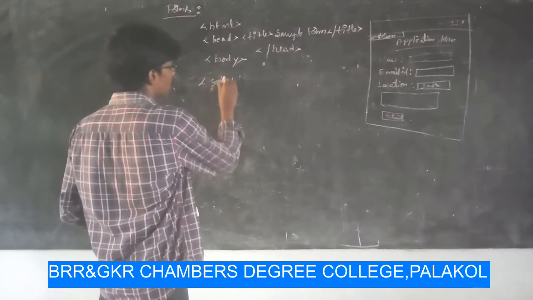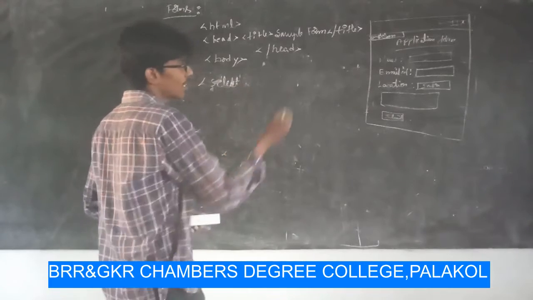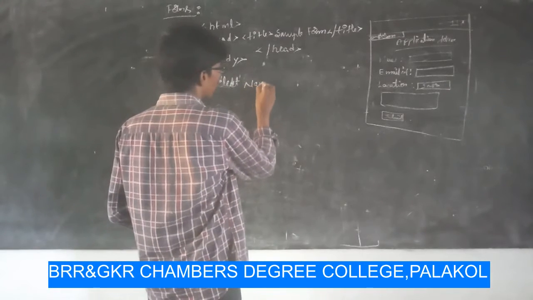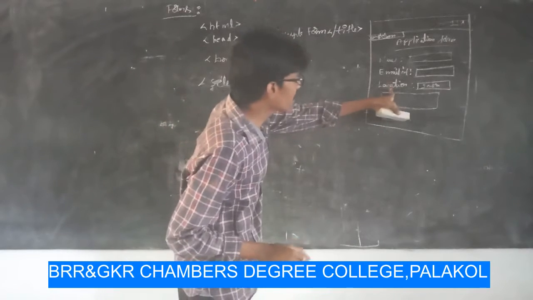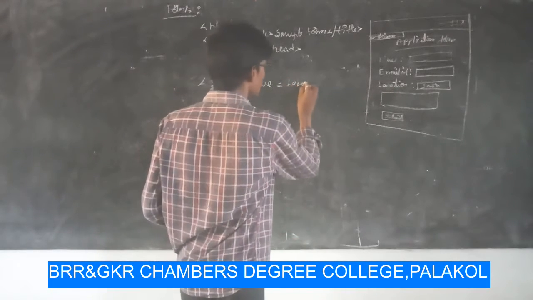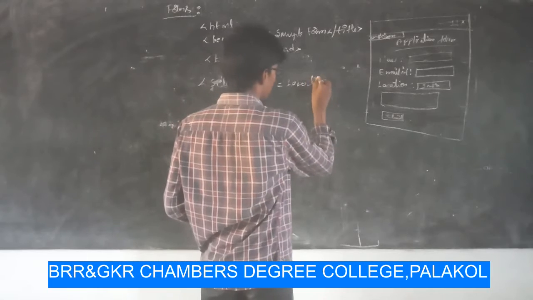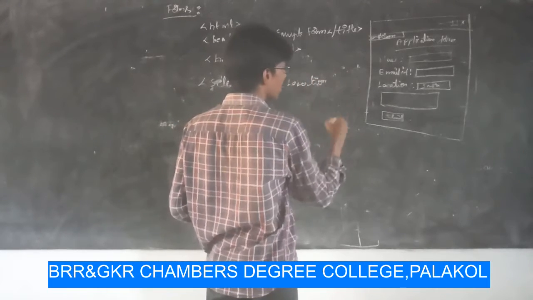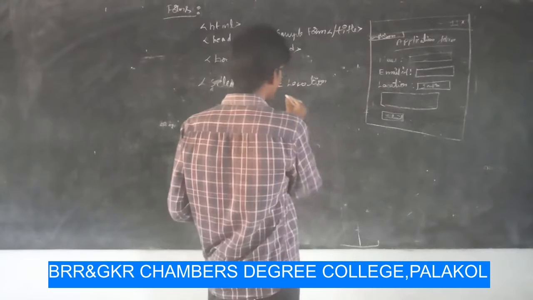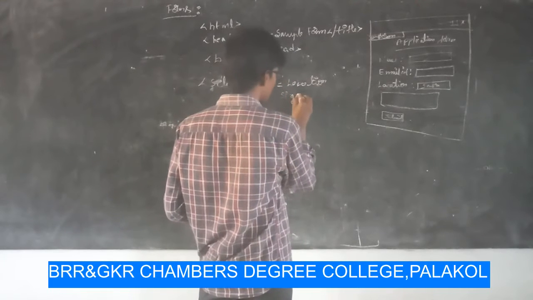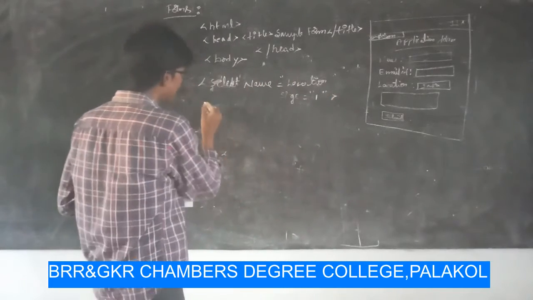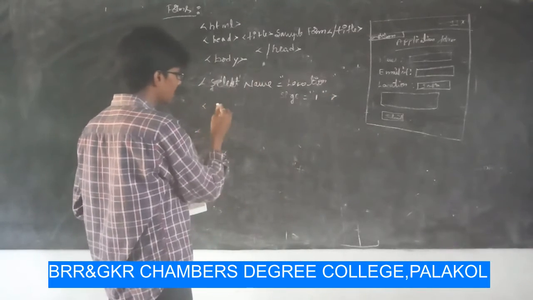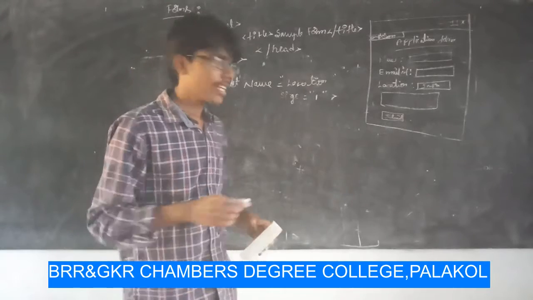Next, select here name. There is a drop down list. If you want a drop down list, name equal to, that is location, mentioned here in the quotation marks. There, if you want to select only one country, that is mentioned in size equal to 1. After that, you create an option value.